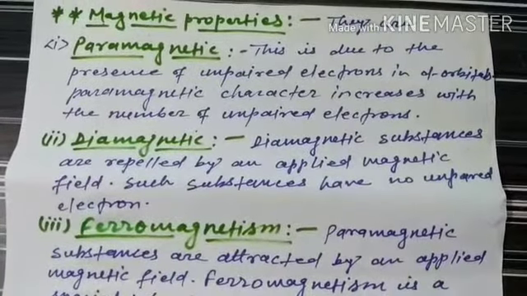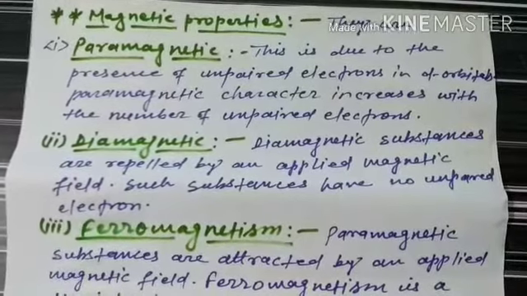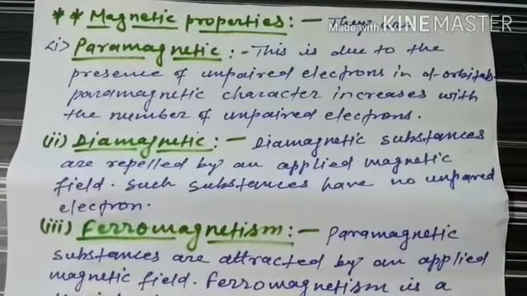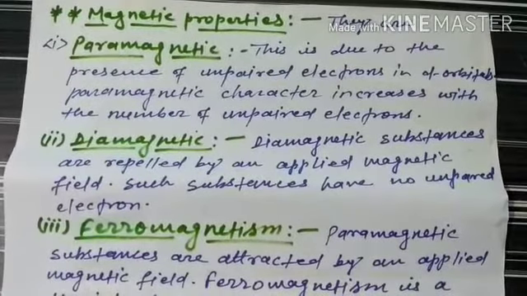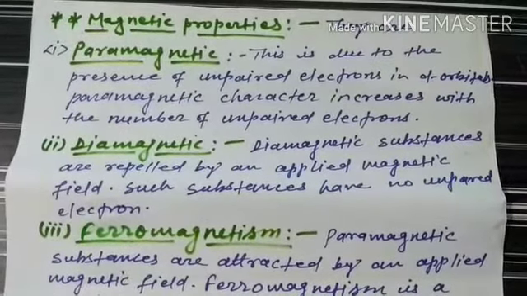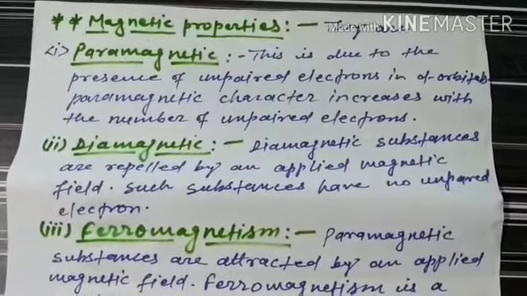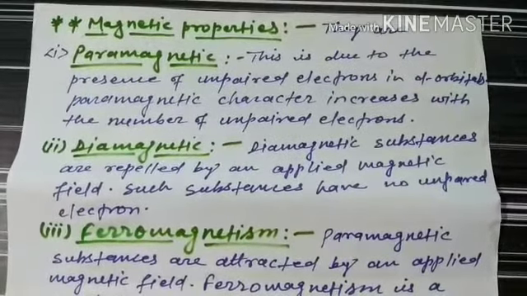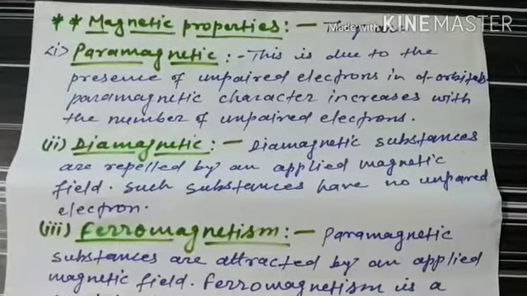Now, diamagnetic. Diamagnetic substances are repelled by an applied magnetic field. Such substances have no unpaired electrons.